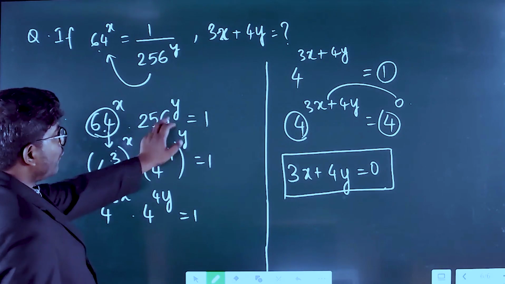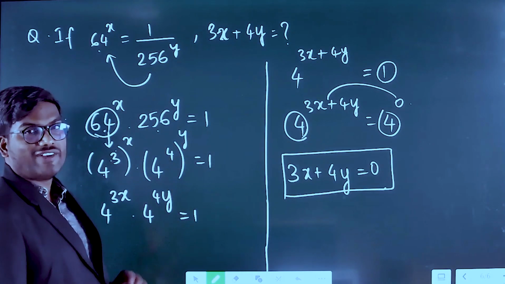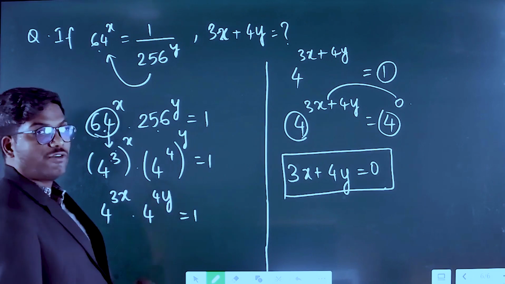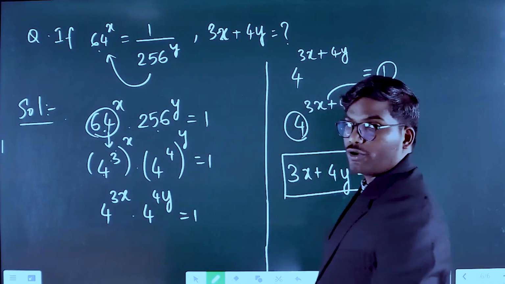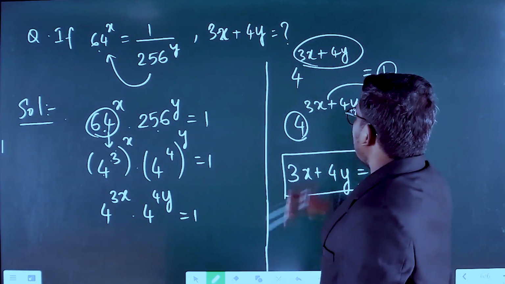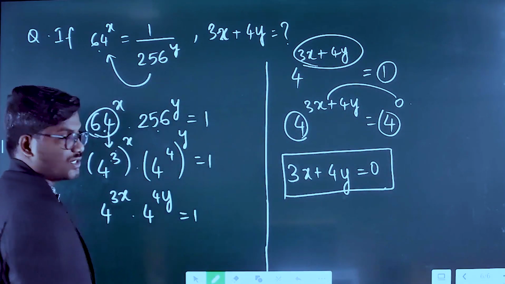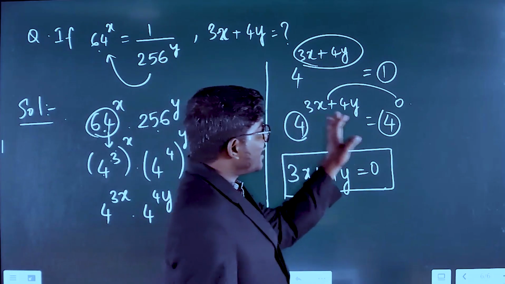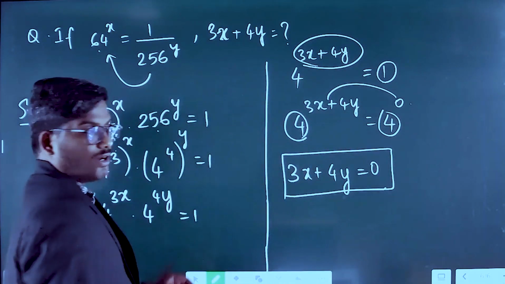Now again 256 power y will be 4 power 4 whole power y, right? So it will be 4 power 4y. Now 4 power 3x into 4 power 4y shall be 4 power 3x plus 4y. So 4 power 3x plus 4y is 1, which indicates 3x plus 4y is 0, right? So that is how we got the answer.